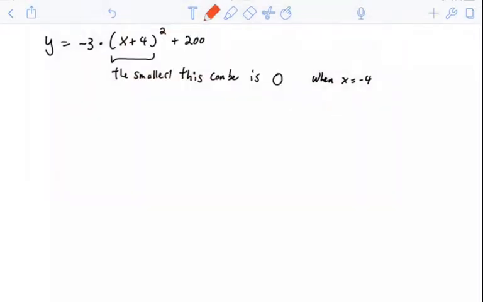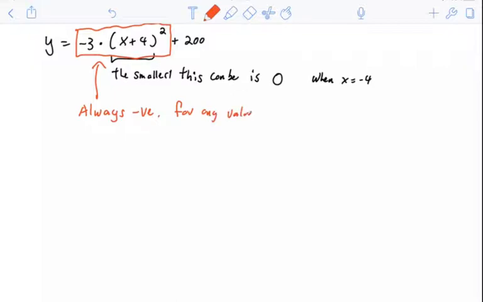But this whole thing is going to always be negative for any value of x. Like I said, this part of it is always going to be positive. So a positive number times a negative number is a negative number. So this first term in our expression is always a negative term.